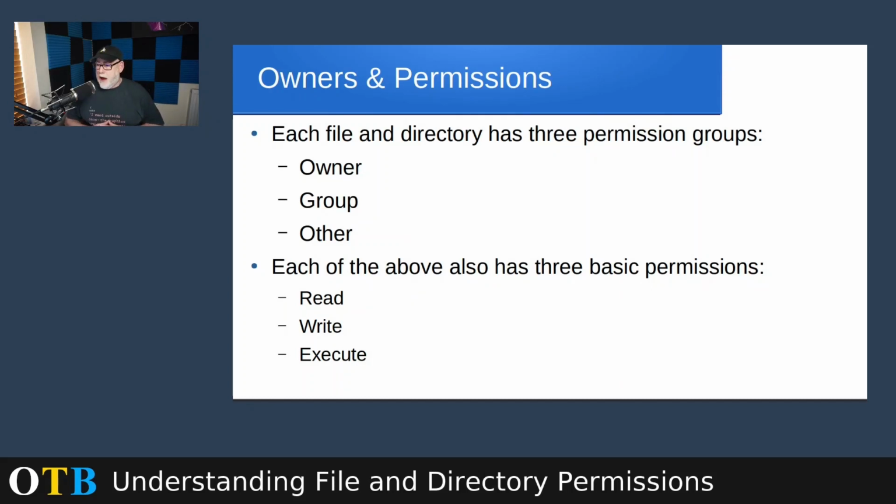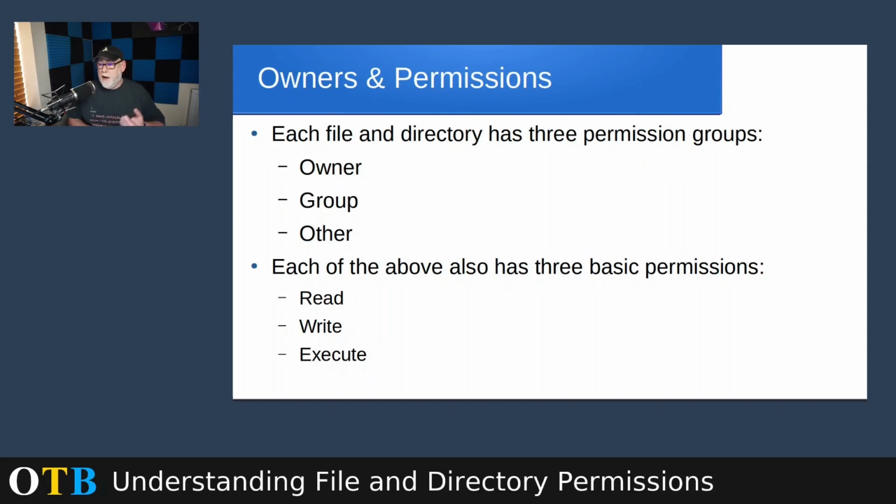It will also have a group owner. By default, the group associated with a particular file or directory will be the default group of the user who owns that file or directory, but it doesn't necessarily have to be.